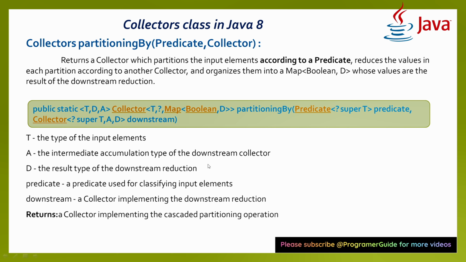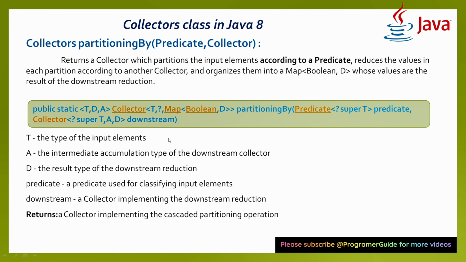It organizes the data into a Map of Boolean and D whose values are results of the downstream reduction. It means it groups the data based on the given collector and predicate condition. Since it is a static method, you can use it by using the class name. Here different kinds of parameters are there.